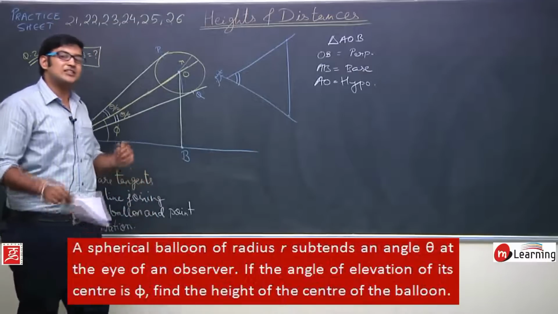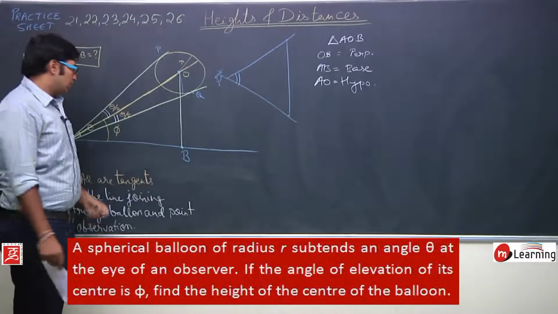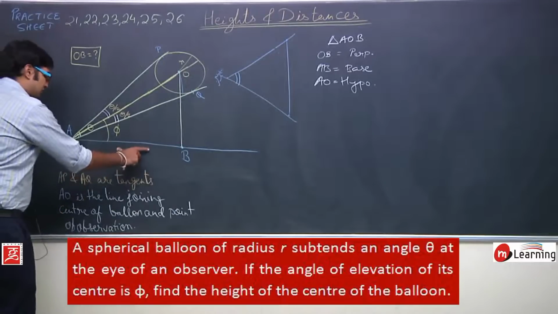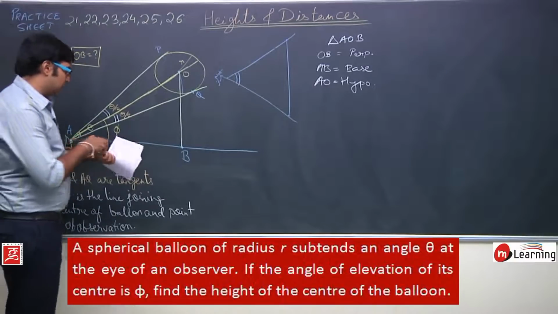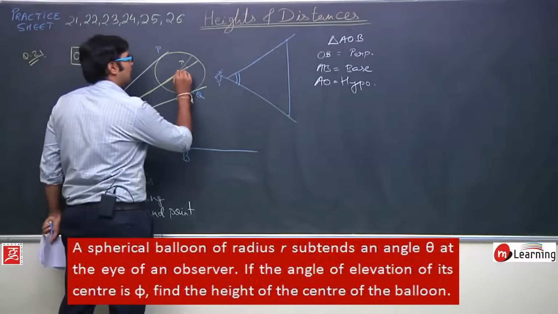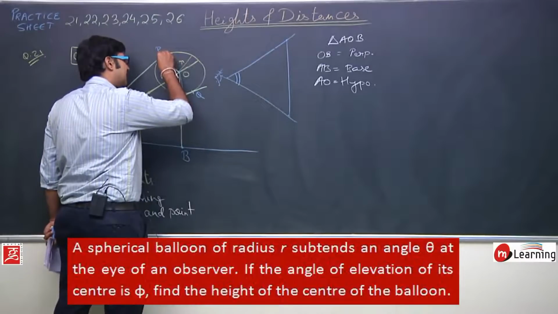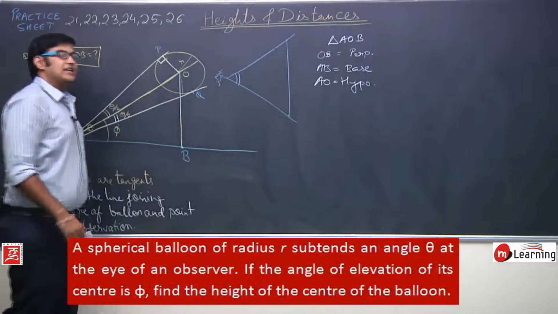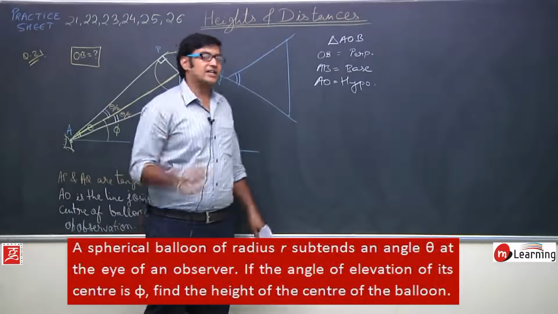So let us think how to determine AB or AO. It is very difficult to determine AB in this figure, but if I draw a line joining O and P, this angle is a 90-degree angle.